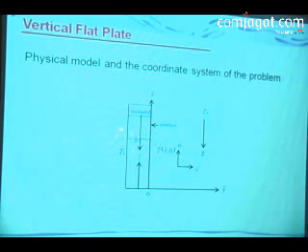Here T_b represents the temperature outside the surface of the plate, b is the thickness of the plate, and l is the length of the plate, T_w is the temperature of the interface, and T infinity is the temperature of the fluid outside of the boundary layer. g is the acceleration due to gravity.